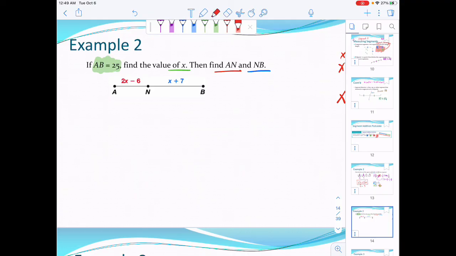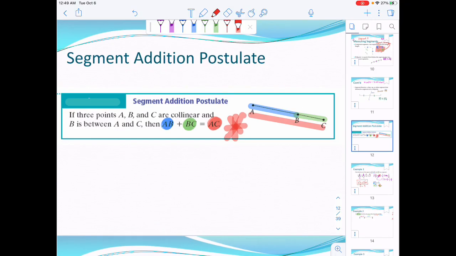So let's begin. First off, remember the segment addition postulate tells us, if we go back to our notes, that this piece, segment AB, plus segment BC, is equal to the entire segment, which is segment AC. Then we have our segment addition postulate. So we got to write that first thing.